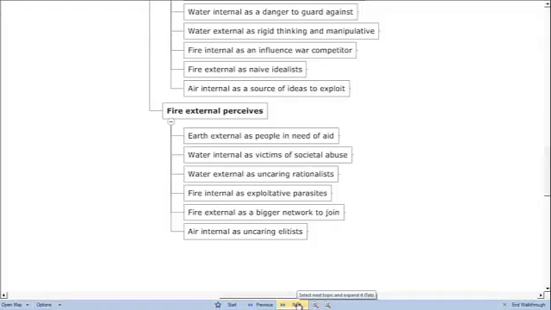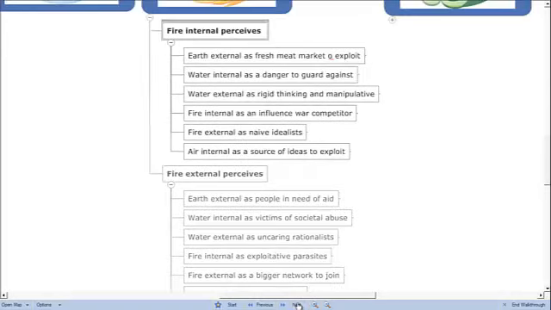It perceives water external as uncaring rationalist. It looks at fire internal, that level of entrepreneurialism, as exploitative parasites. It sees fire external as a bigger network, a bigger group of caring and sharing to join. And it sees air internal as uncaring elitist, the globalist, the New World Order, these type of people.